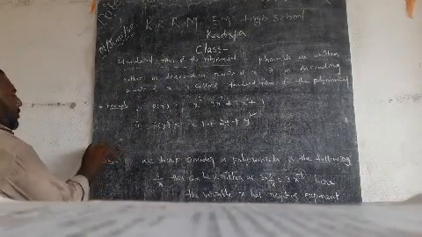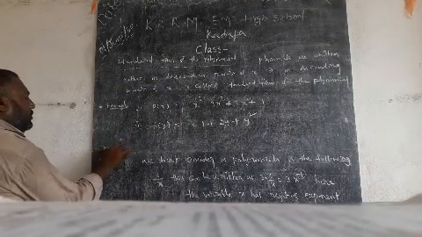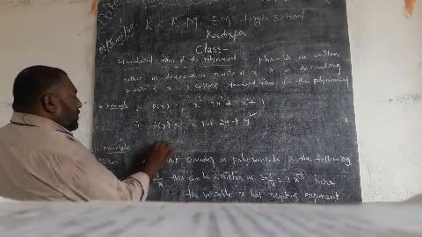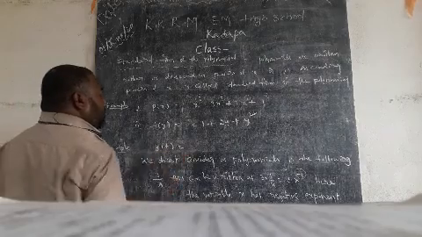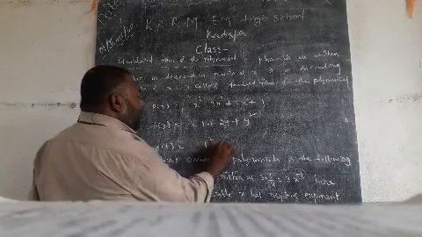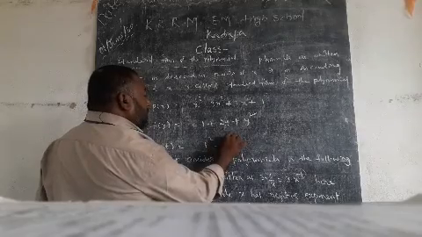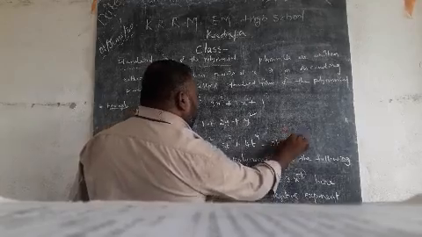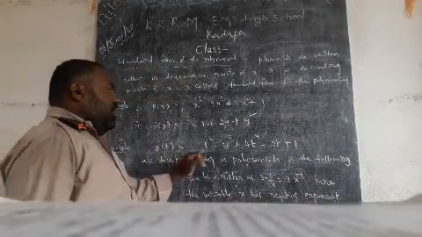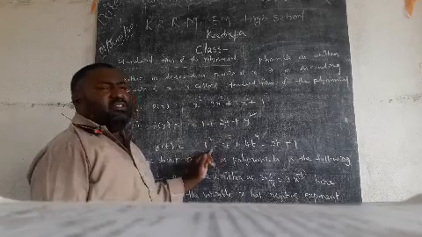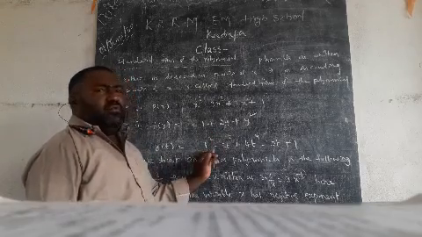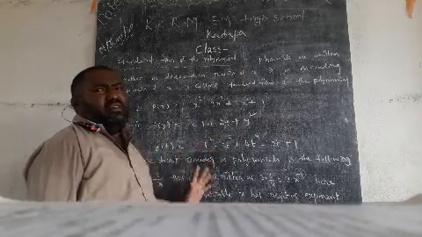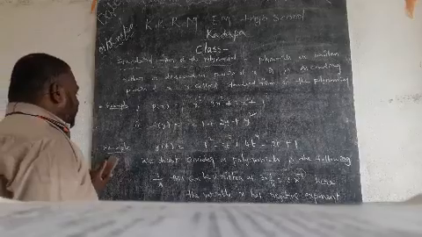Now, another example. Suppose g of t is equal to t square minus 3t cubed plus 4t power 4 minus 2t plus 1. It is a polynomial but not in standard form. It can be written in standard form, either in ascending or descending order.